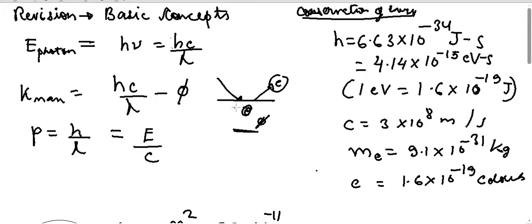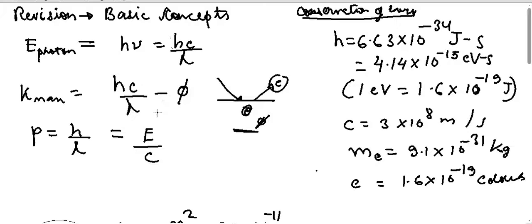Out of that hc by lambda, phi energy has been used to overcome the nuclear force of attraction. So from conservation of energy, the remaining energy, which is the kinetic energy with which the electron will be liberated, is kinetic energy equal to hc by lambda minus phi.